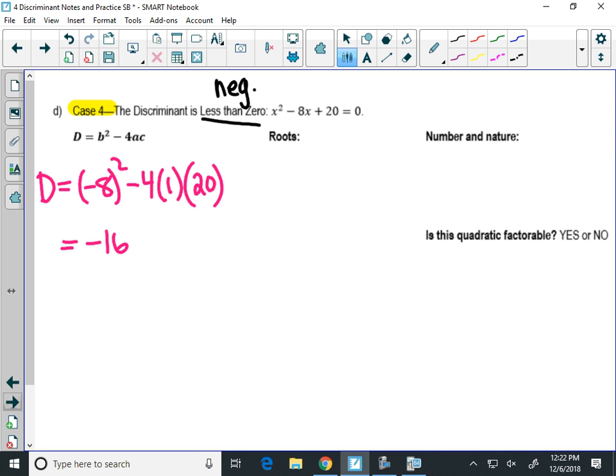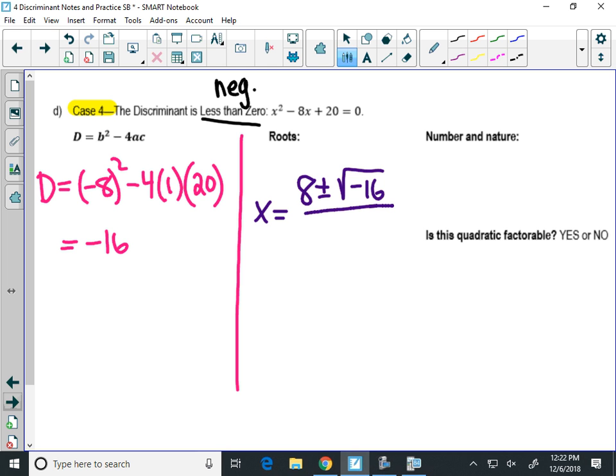And let's find the roots one last time here. This will be your last time doing the quadratic formula with me today. So x equals, what's the opposite of b? 8. Plus or minus the square root of negative 16 all over 2 times 1. Well, what did we say the other day happens when you have a negative under a radical?